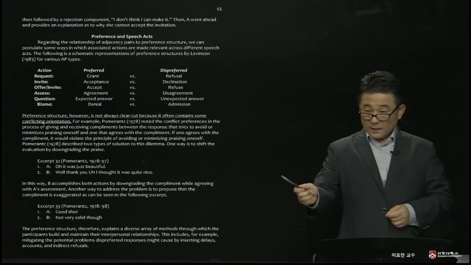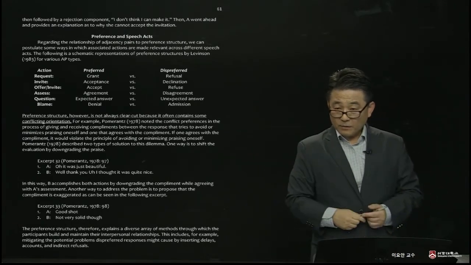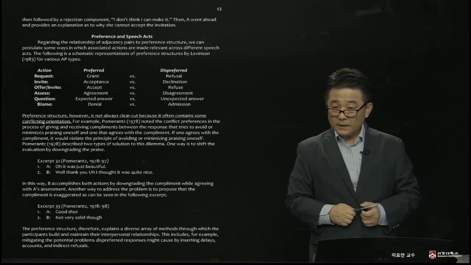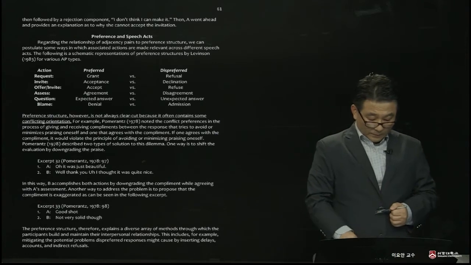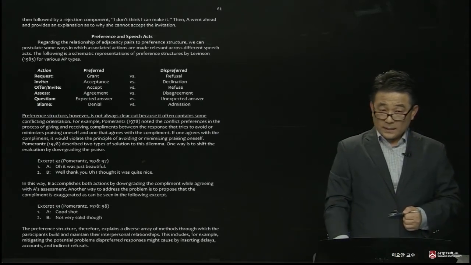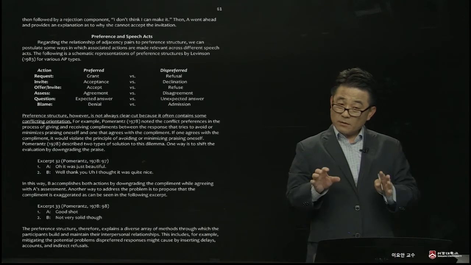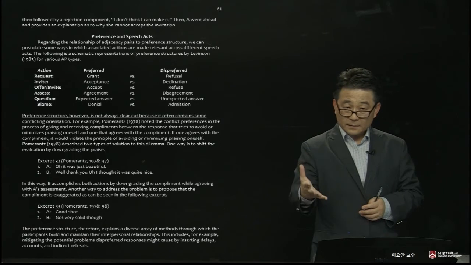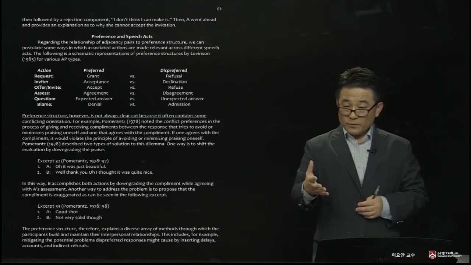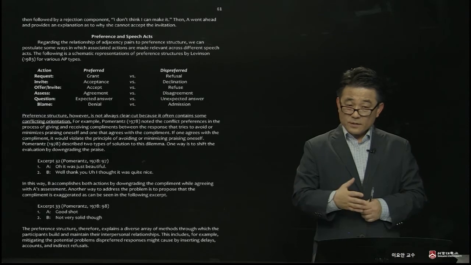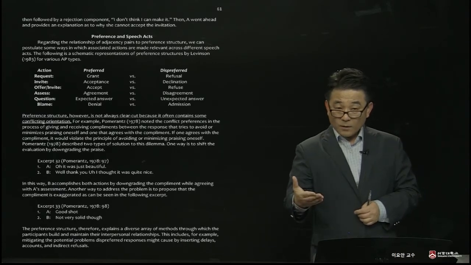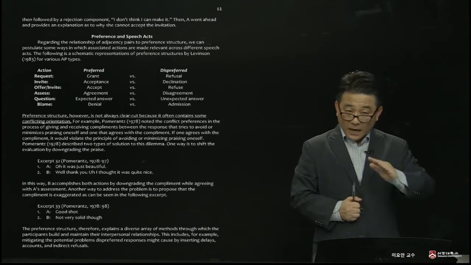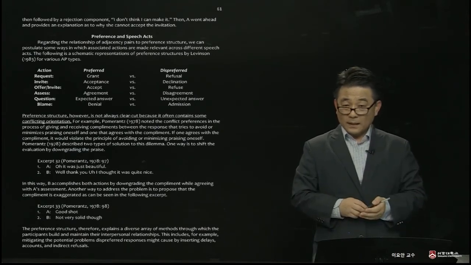So later in the text here, in this line, preference structure, however, is not always clear-cut because it often contains some conflicting orientation. The authors noted that preference structure is not always clear-cut. For example, if somebody praises someone else, then the person who got praised has to determine whether he is going to agree with the praise or downgrade the compliment.